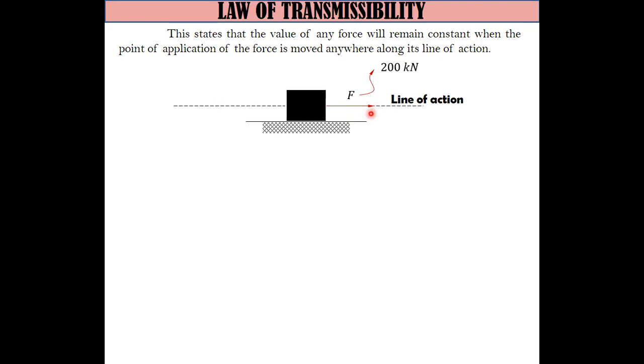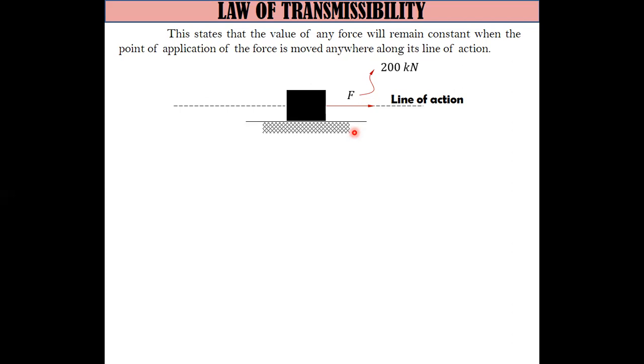When we say line of action, it is simply the path, or the line that the force is passing through. For example, on the figure, this is the line of action of force F, and let us say that the magnitude is 200 kilonewton.